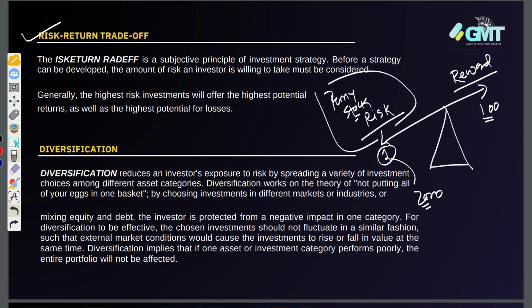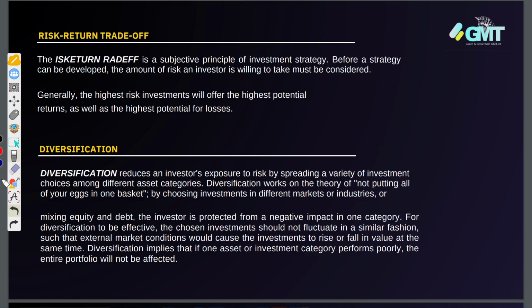Then that company can also offer sound returns. And here, risk and reward always work in the same direction: high risk, high return, and high return, high risk, right? Or low risk, low return, and moderate risk, moderate return.